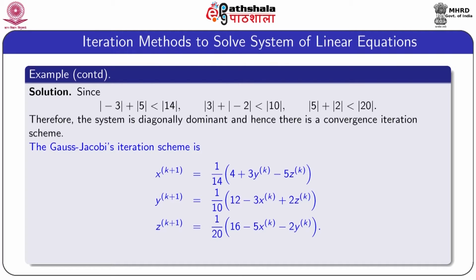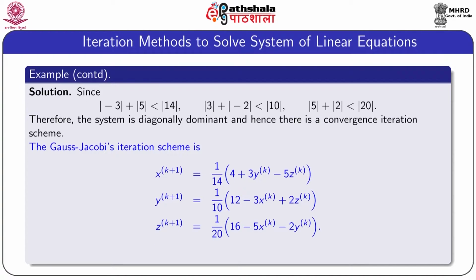Now we write the Gauss-Jacobi's iteration scheme: x_(k+1), that means the (k+1)th iterated value of x, is given by 1/14 into (4 + 3y_k - 5z_k); y_(k+1) equals 1/10 into (12 - 3x_k + 2z_k); and z_(k+1) equals 1/20 into (16 - 5x_k - 2y_k).